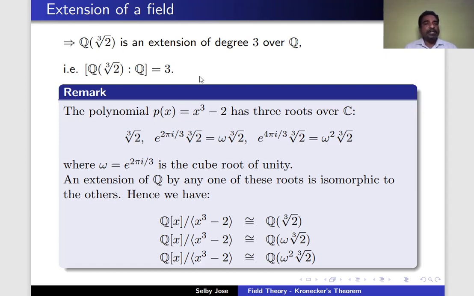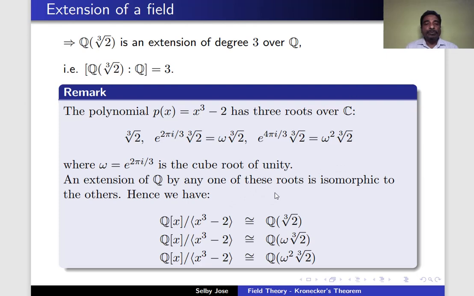So here we have taken alpha equal to cube root of 2 as one root, but note that there are 3 roots for x cube minus 2 in C, the complex numbers. They are cube root of 2, omega cube root of 2, where omega is the cube root of unity, which is the same as e raised to 2 pi i by 3, and the third root is omega square cube root of 2.